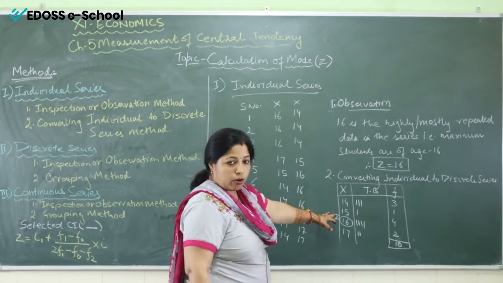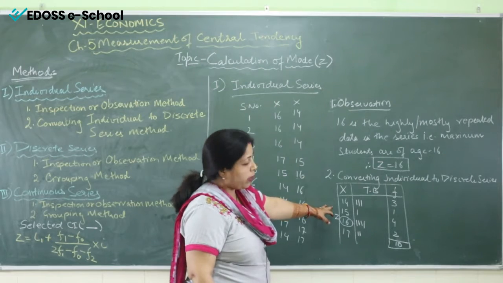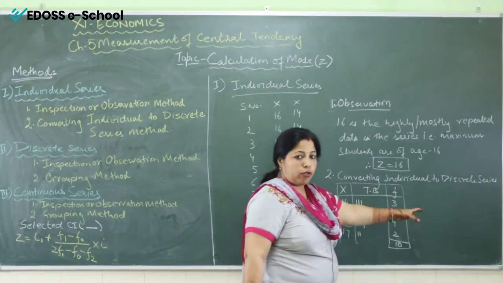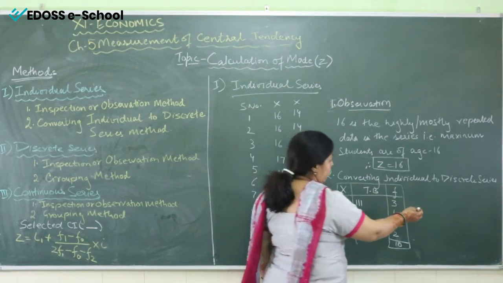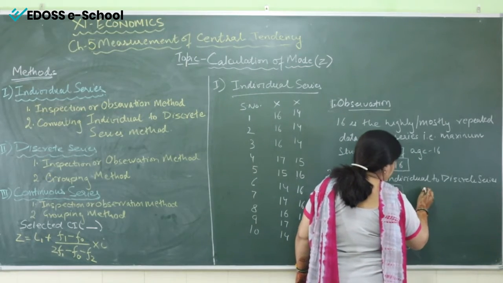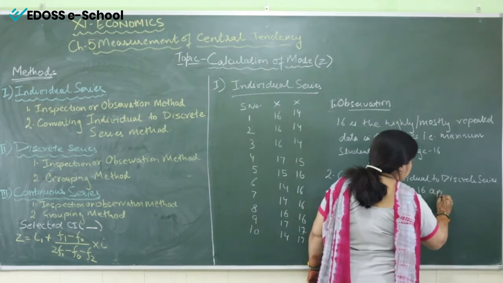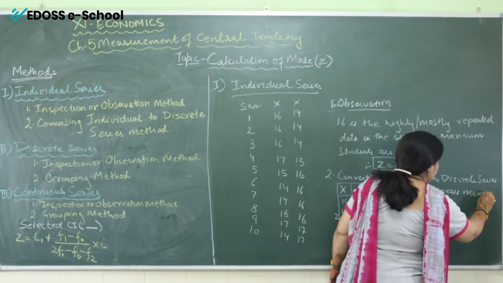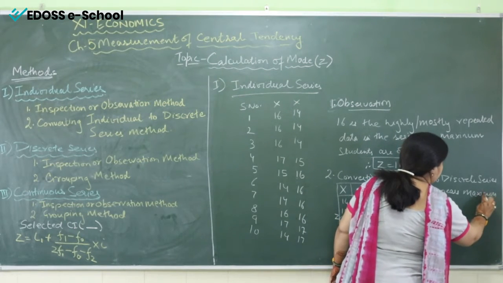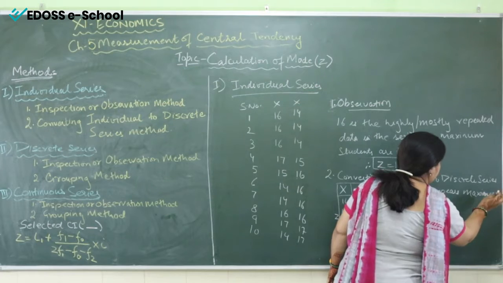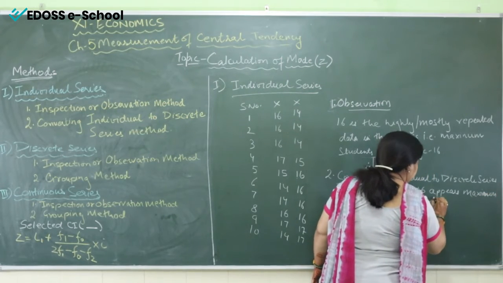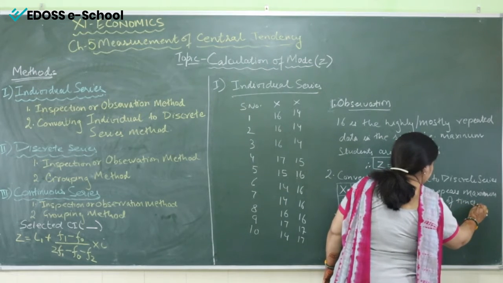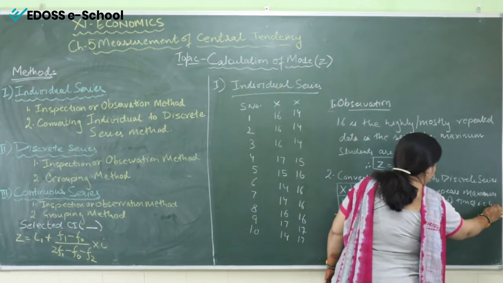I hope you have understood how to calculate the mode while converting the individual data into discrete series. So again we are going to write the sentence here that 16 appears maximum number of times, that is 4.